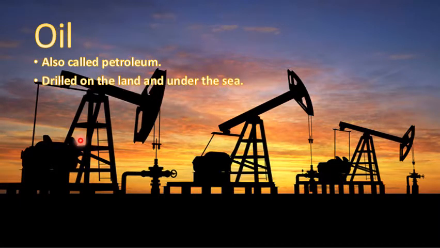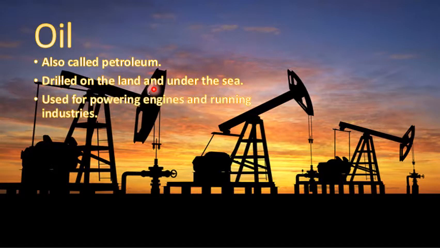The picture which you can see in the background is of land, but it can also be taken from under the sea. It is used for powering engines and running industries. Gasoline, kerosene, and diesel are all separated from the oil.